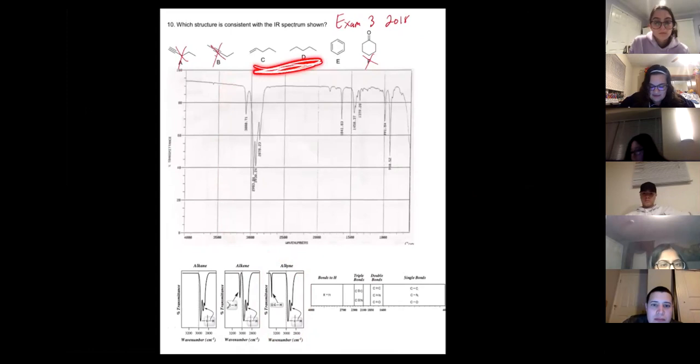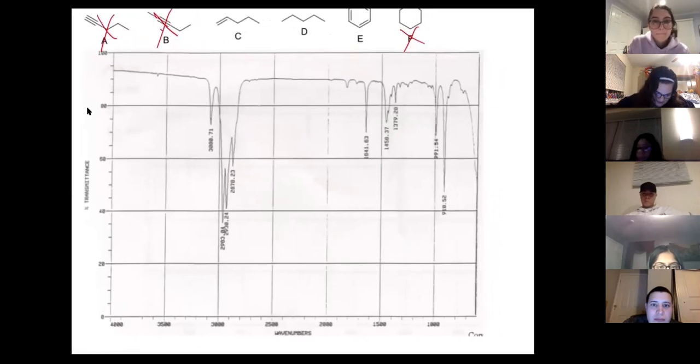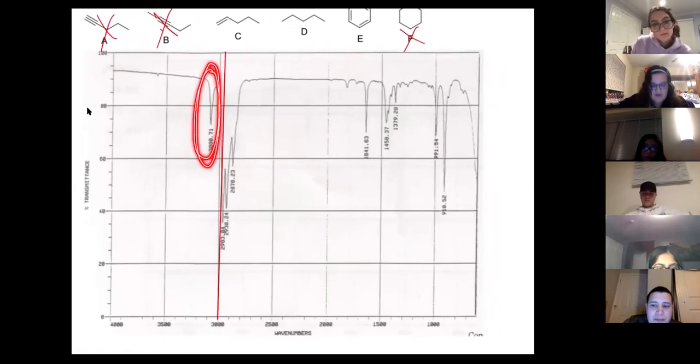Between C and D, this question was super subtle, kind of like the previous one, where you once again go to that 3000 line and draw it straight. You have this little peak over here. So now you have a very small indicator of a carbon double bond.